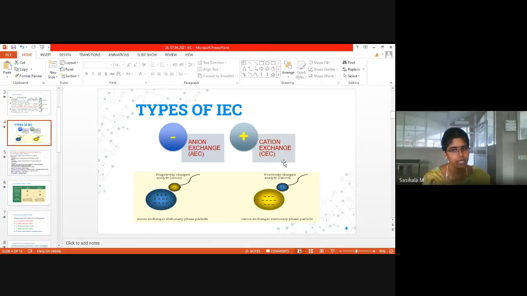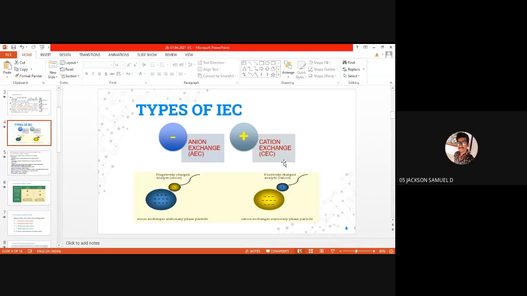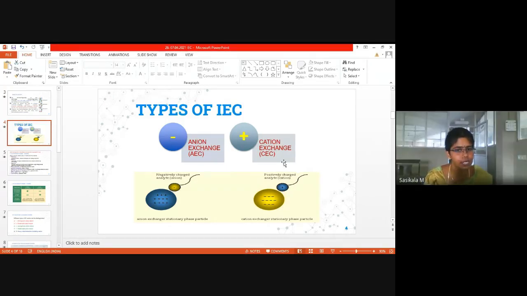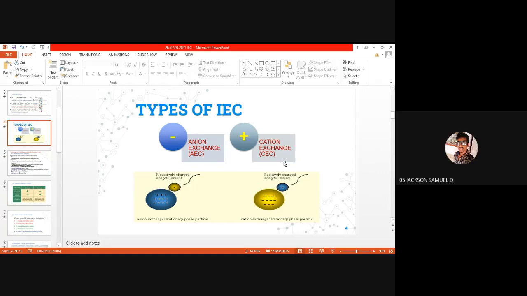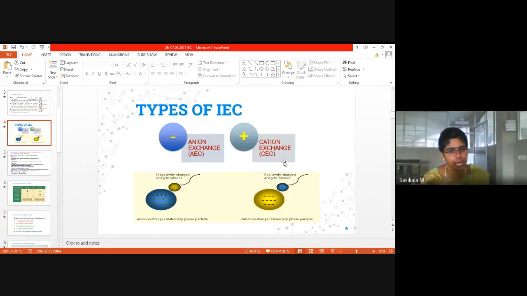Stationary phase. Analyte positive, ma'am. Analyte positively charged. Exchanger will be, stationary phase will be negatively charged, oppositely charged. For anion exchange chromatography, what is the sample charge? Negative, ma'am. Anion. Sample is anion. So exchanger will be positively charged.